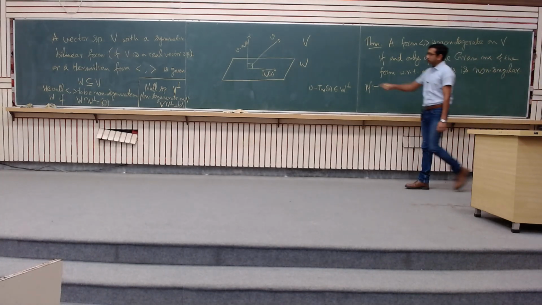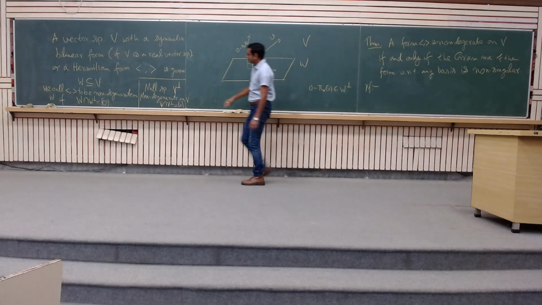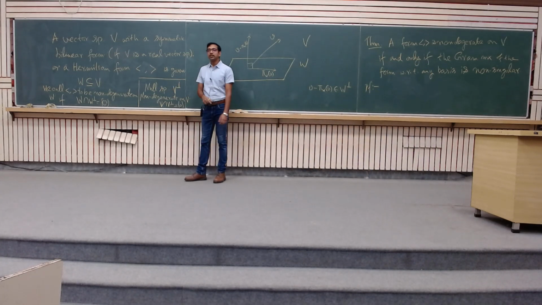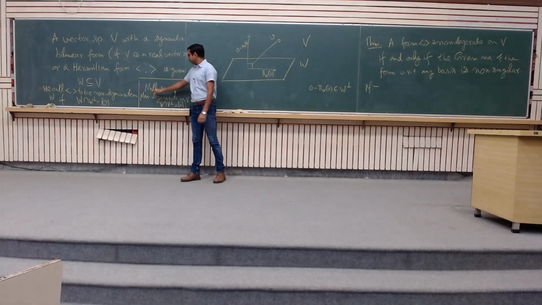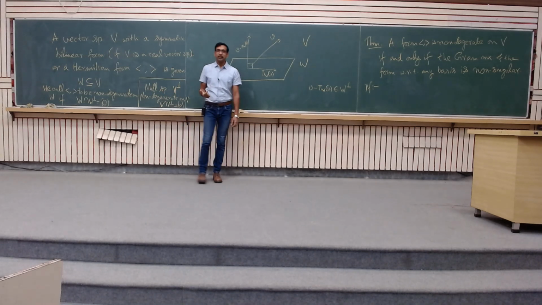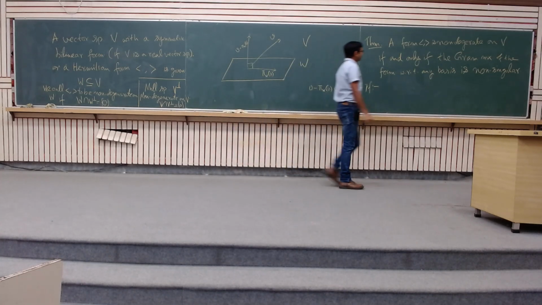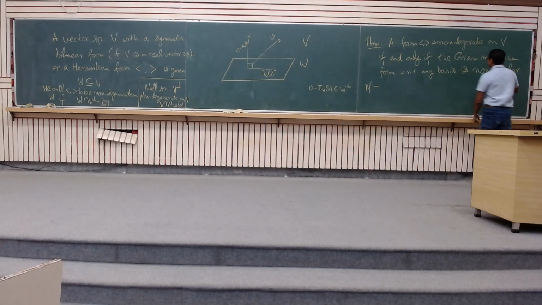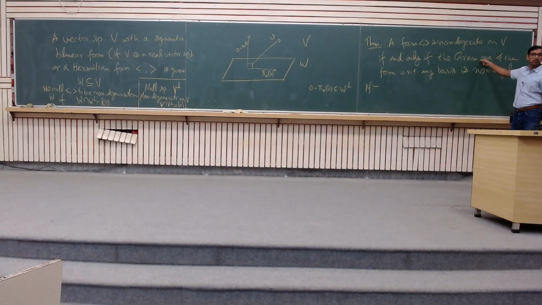So the proof begins from observing this definition of null space. The vectors in the null space have a correspondence with the null space of this Gram matrix. How?